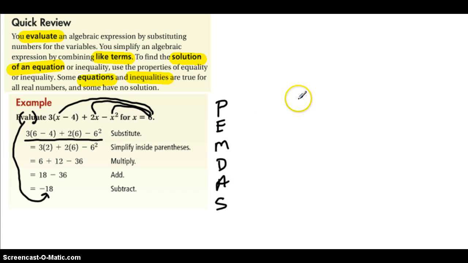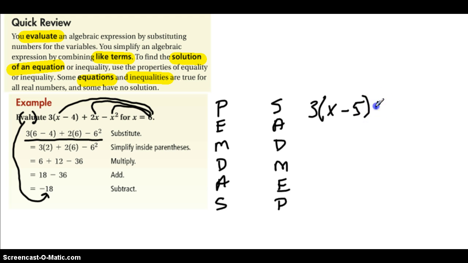We also talked about when we are solving an equation, we do the PEMDAS in reverse. SADMEP. So here's an example of SADMEP. Suppose we had 3 times the quantity x minus 5, plus 10, equals 6.